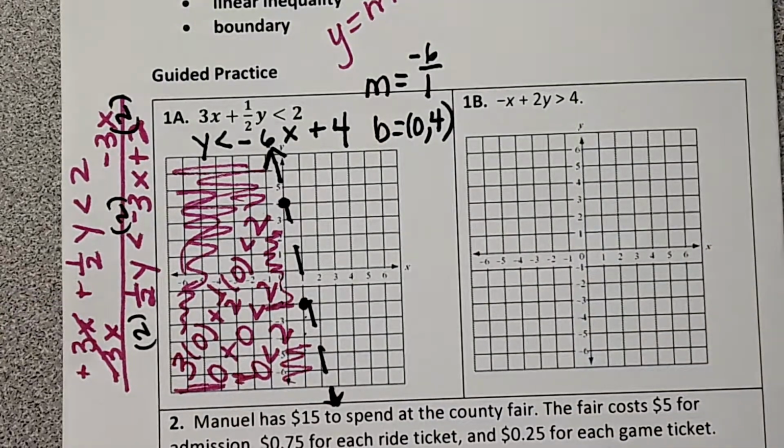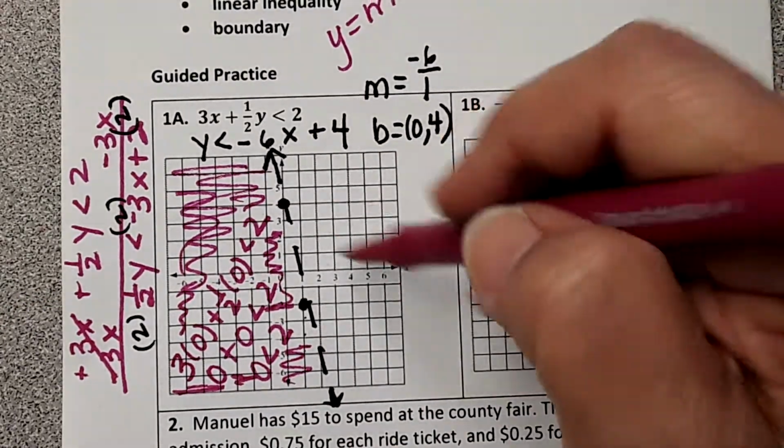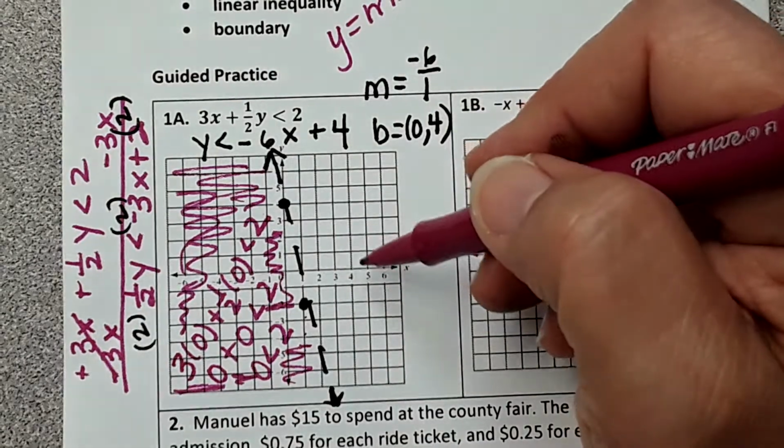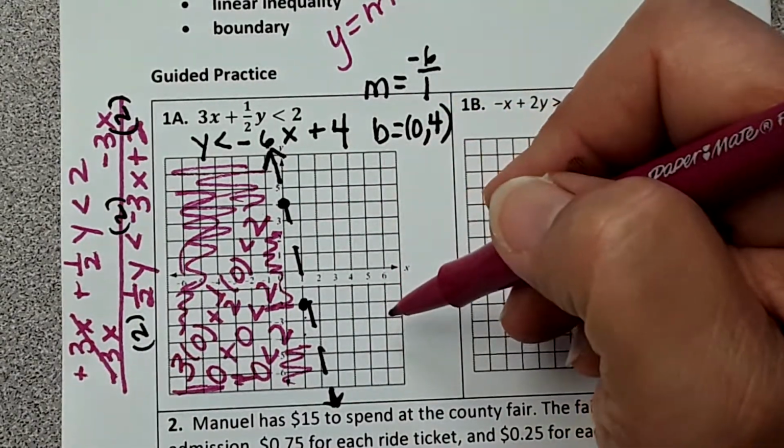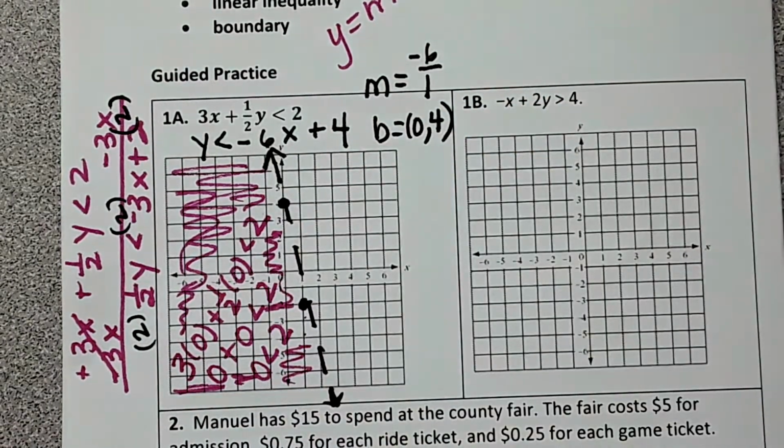So pick a point, write the answer inside, and if it's true, shade over it. If it's false, leave it and shade the other side. I always like testing 0, 0 because it's the easiest point to test. The only time that you can't test 0, 0 is when the line goes through 0, 0. You would have to pick a different pair of points.